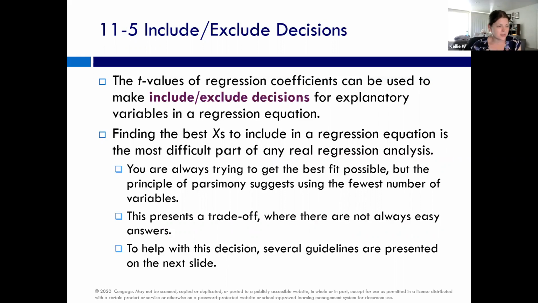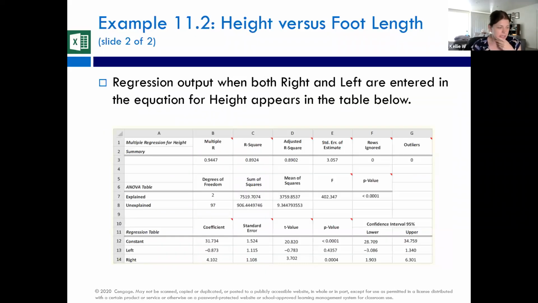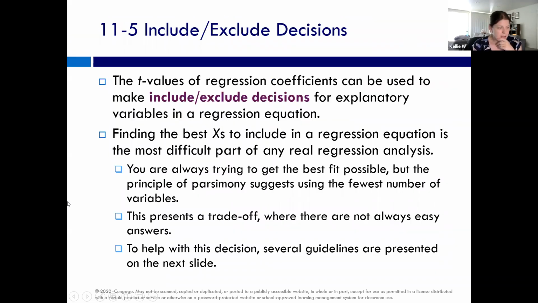So we can use these t values to help us make include or exclude decisions. If we're trying to find the best explanatory variables in our equation, this actually can get really tricky. There are different philosophies, or different processes, for which order you should go in.